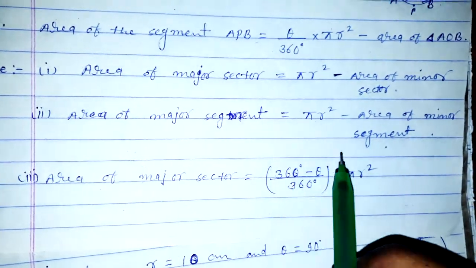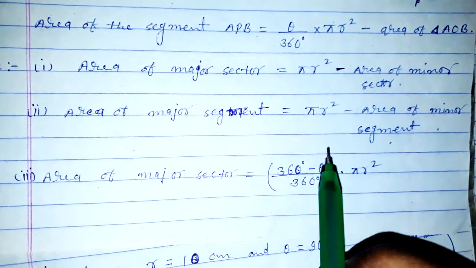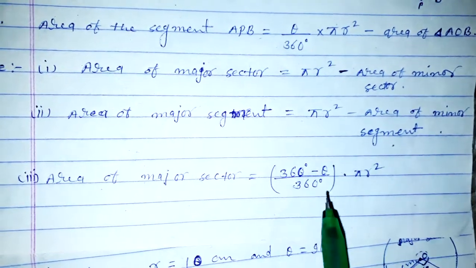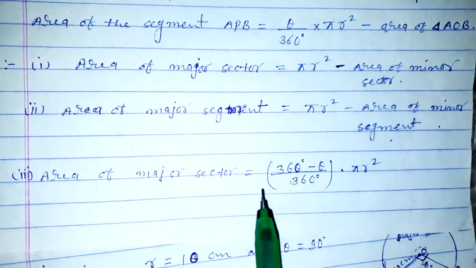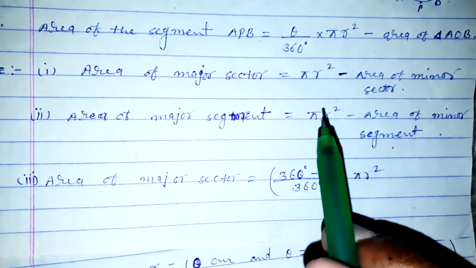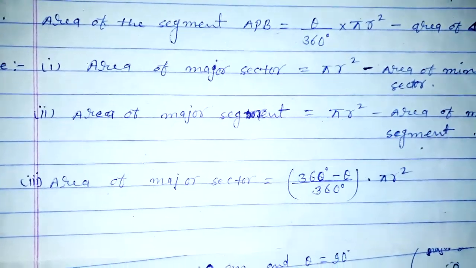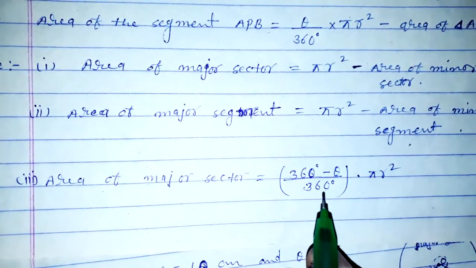Because the complete angle is 360 and theta is the minor arc angle, if you subtract it from 360, the angle is the major arc. So we can also use this formula.